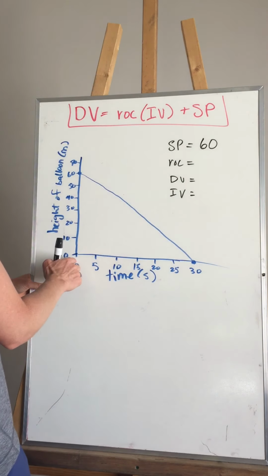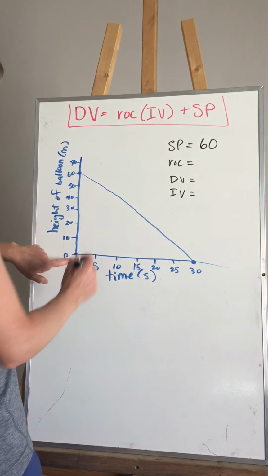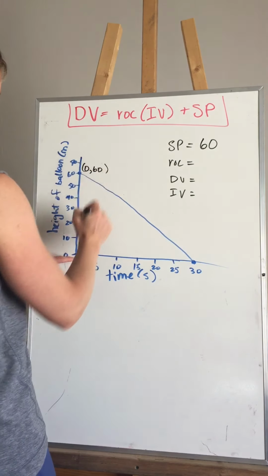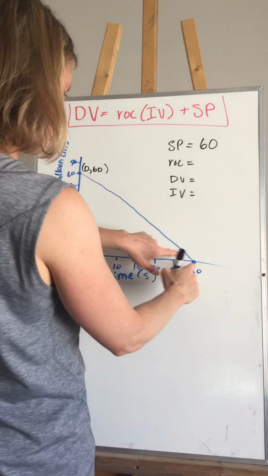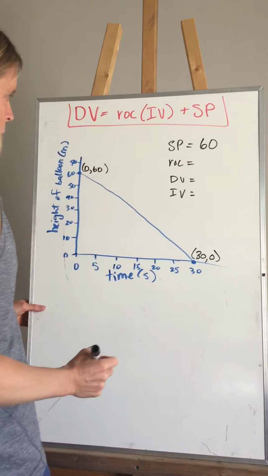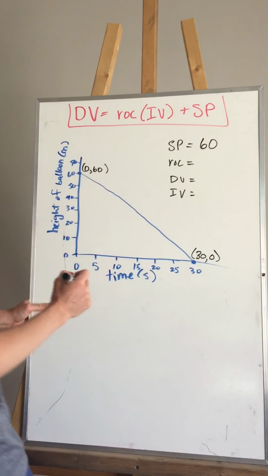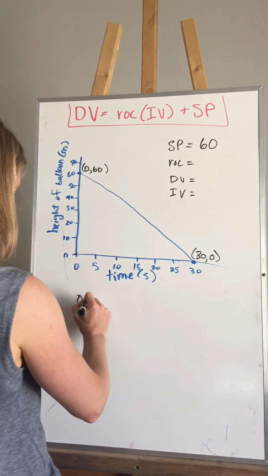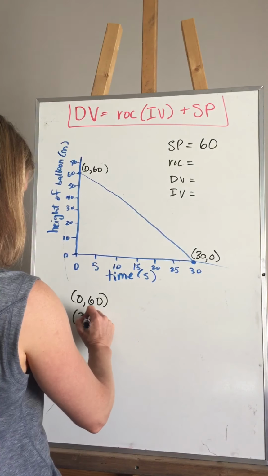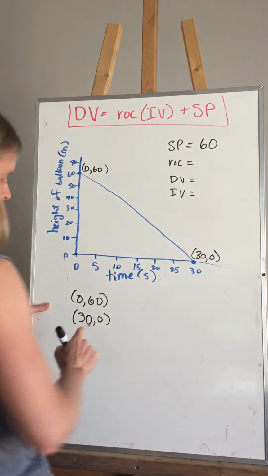Okay, I'm going to pick 2 easy points. So the point 0, 60, that's this one, and this point is 30, 0. So there's 2 points. So let's calculate our rate of change. 0, 60 and 30, 0.